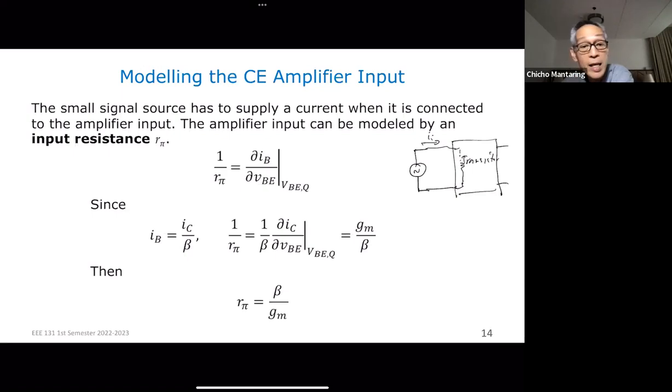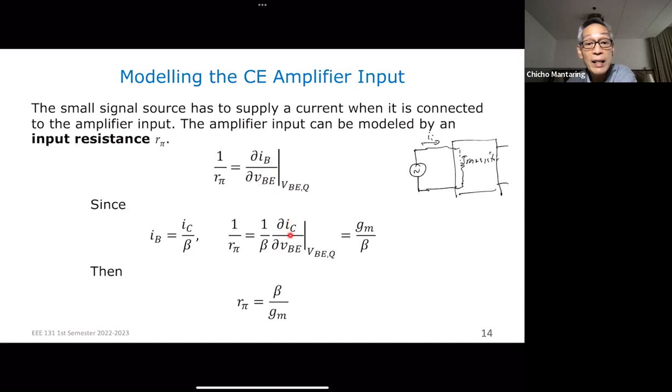Now, since IB in the forward active region is equal to IC over beta, 1 over R sub pi is just now 1 over beta, the partial of IC with respect to VBE. So we're just replacing itong IB, we're just replacing this with IC over beta.